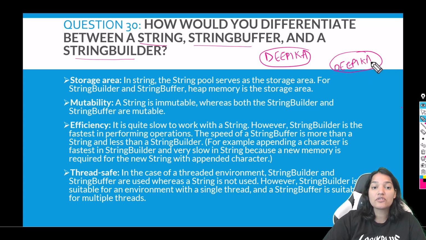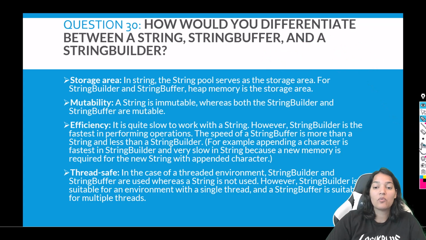But in the case of StringBuffer and StringBuilder, you can actually modify the same string and add Khana next to it. So that basically tells us that StringBuffer and StringBuilder are mutable, you can modify them, whereas String is immutable.